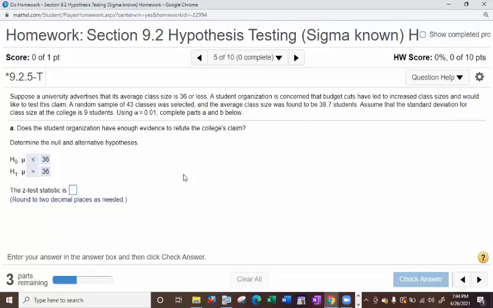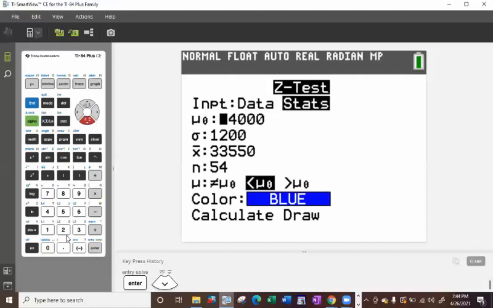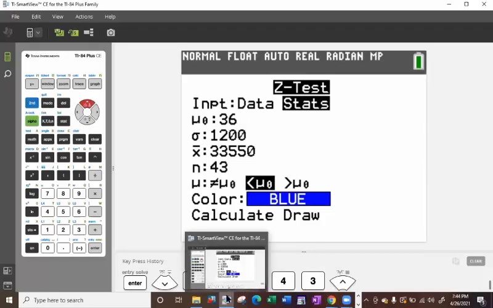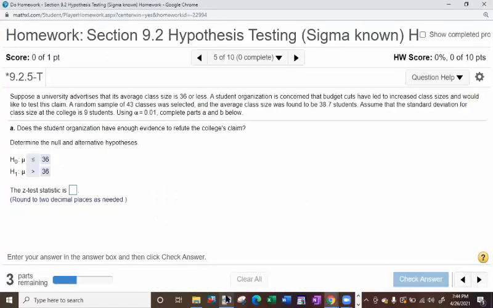I'll try to memorize a little bit at a time here. 36, 43, 38.7. Standard deviation is 9.